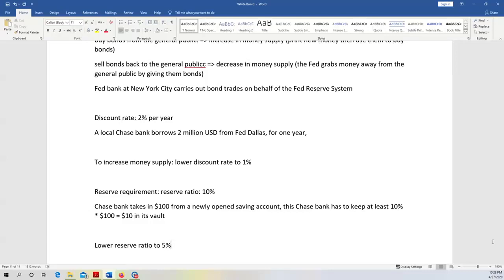So in this case, a lower reserve ratio leads to an increase in money supply.